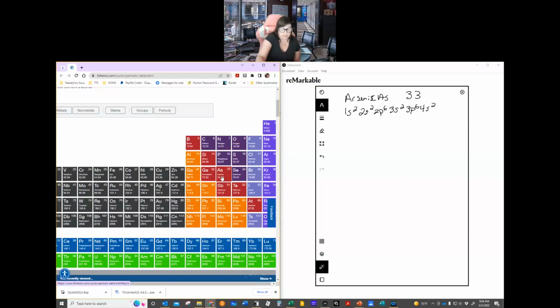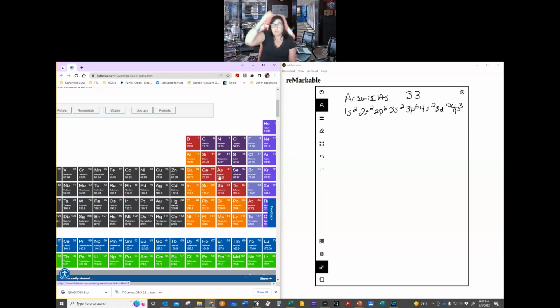So I know I've got 3d10, because remember, this d group here is n-1, so that's 3d10. And then we're in the 4p's again. So I'm in 4p, and I have 1, 2, 3 electrons there. So that's 4p3. So 1s2, 2s2, 2p6, 3s2, 3p6, 4s2, 3d10, 4p3.